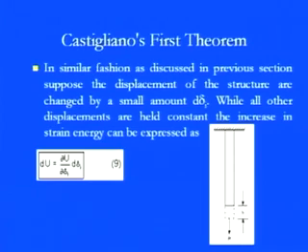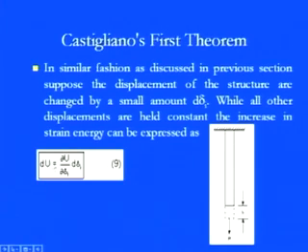If you look at this particular figure, we have a simple membrane, and when you apply the vertical load here we have a delta deformation. Within this delta there is a direct increment in the strain energy, which is computed on the basis of d delta.